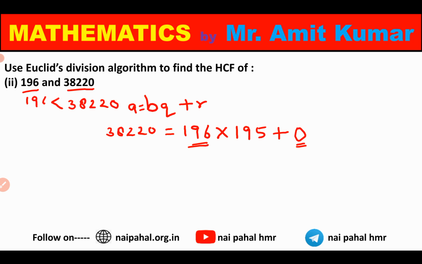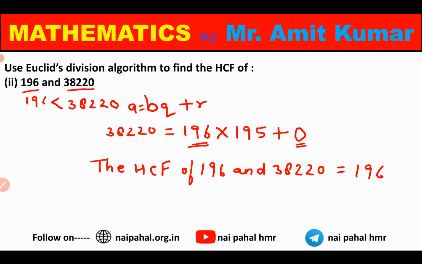If remainder is 0, we can say that the divisor used in this step will be our HCF. So we can write the HCF of 196 and 38,220 is equal to 196. In one more step, if the smaller number divides the greater number, then the smaller number can be taken as HCF and the greater number can be taken as LCM.